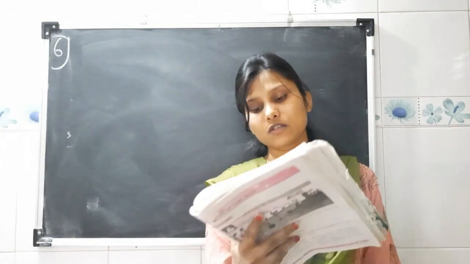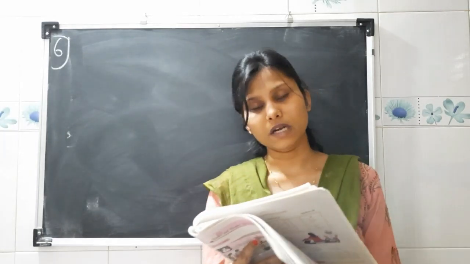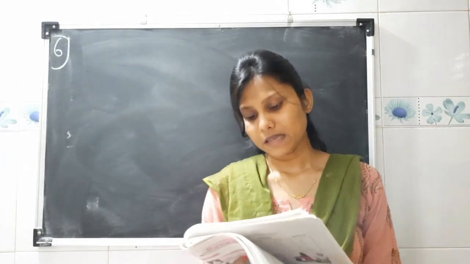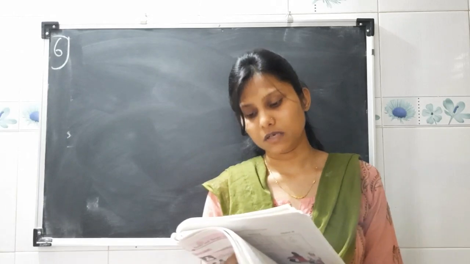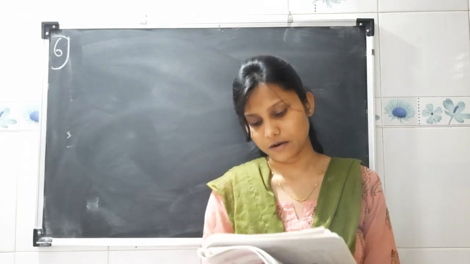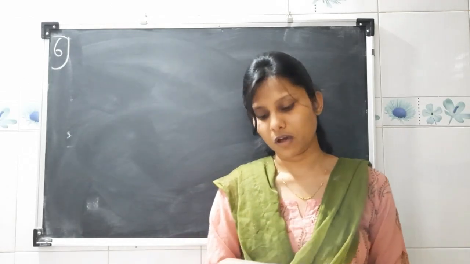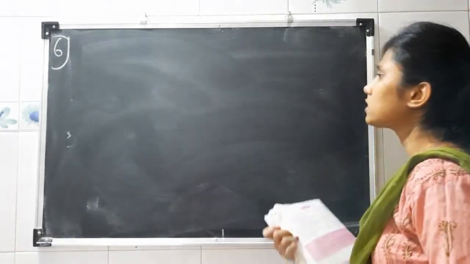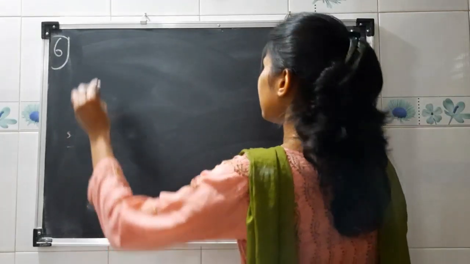So the cost price of seeds is rupees 2500. Then the amount spent on labor is 9700, and the amount spent on chemicals and fertilizers is rupees 5600. Selling price is given 28,640. We have to find out the profit or loss percentage.